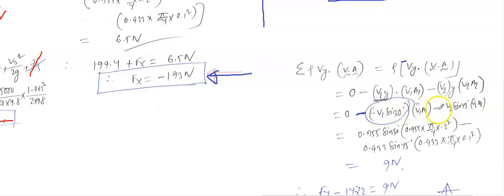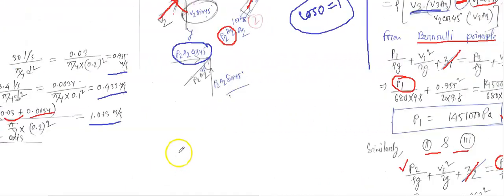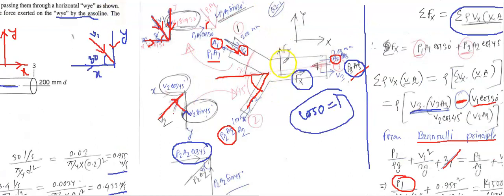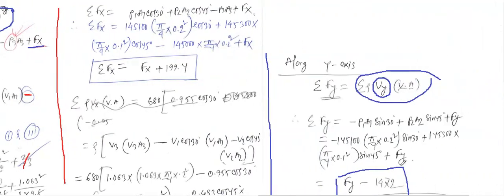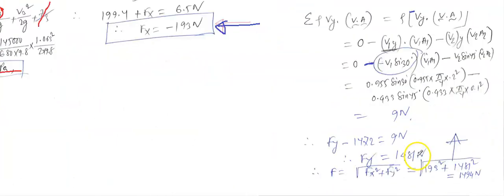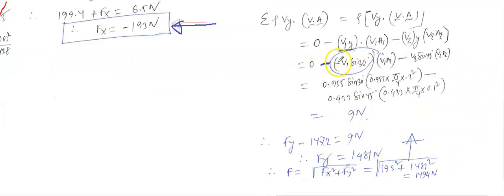So we have negative V1 sine 30 and V1 A1, and minus, what is V2y? So look here again, the V2y, it is acting this way, so this is the positive y direction, so V2 sine 45 and V2 A2. So now just substitute all the values V1 A1 V2 A2, then you will get 9 Newton.